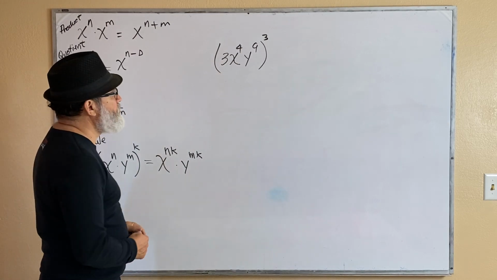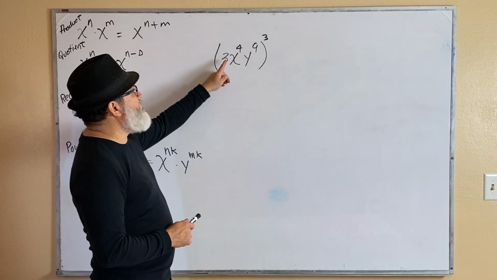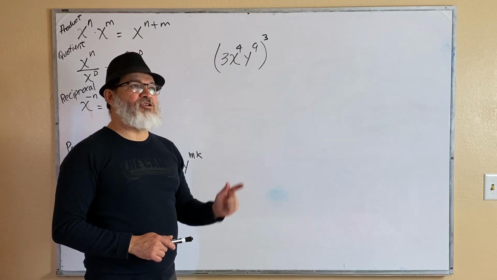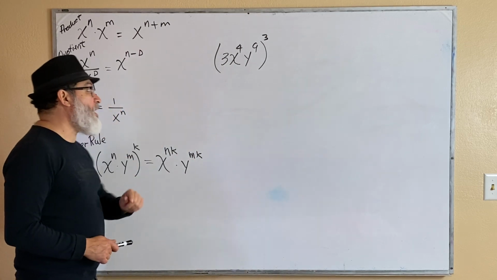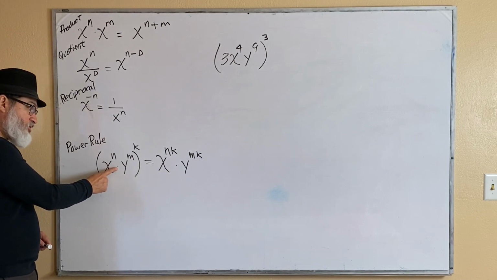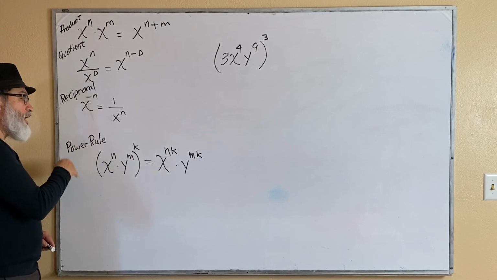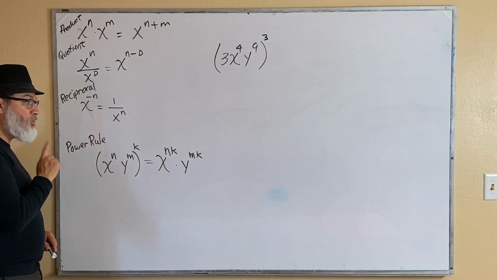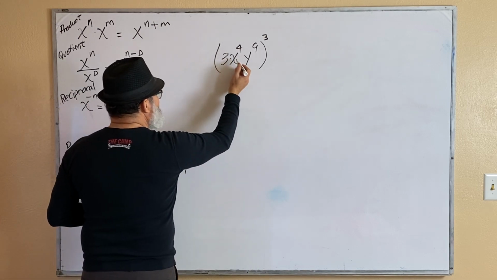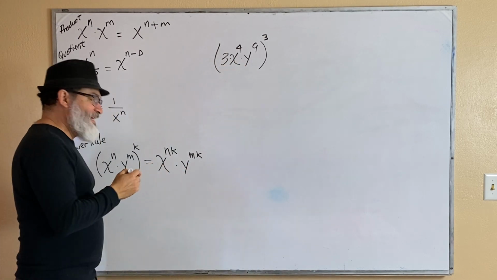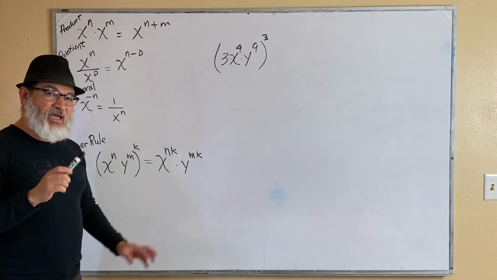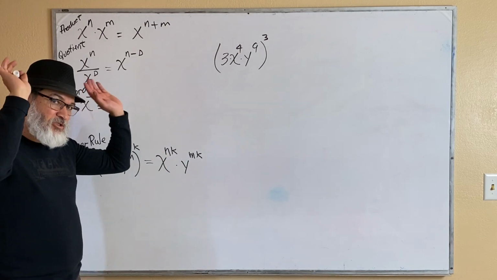That's the question. Note, in the house we have multiplication. If we had addition or subtraction, we cannot apply this rule. If this was addition or subtraction, we cannot apply the power rule. No. But since we have multiplication, because this is multiplication and that's multiplication, that means that everybody in the house gets to what? Raise the roof.